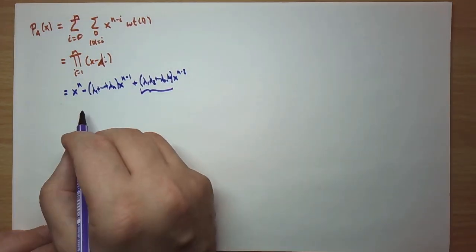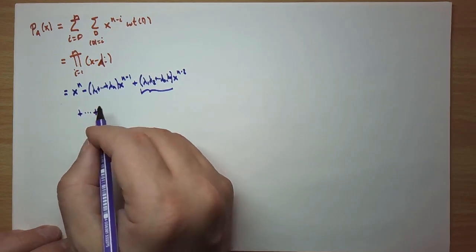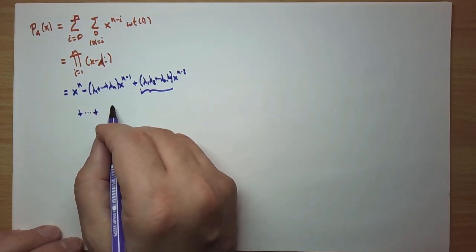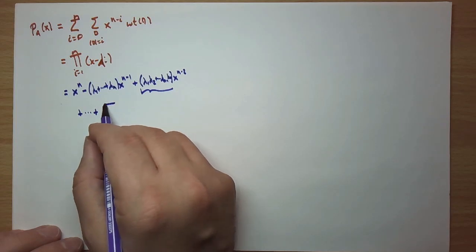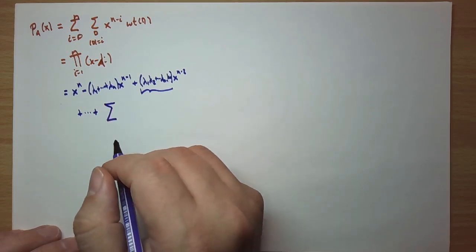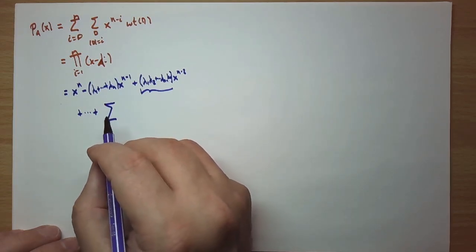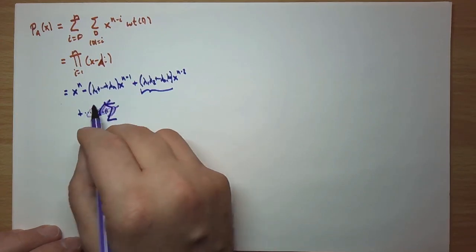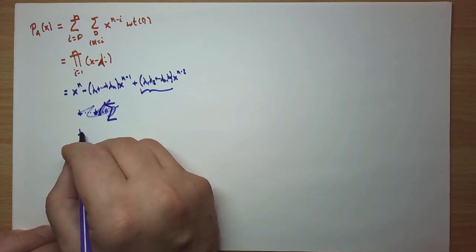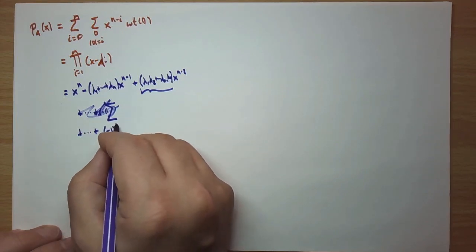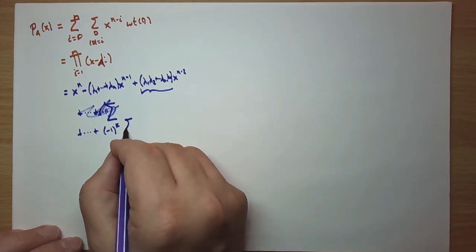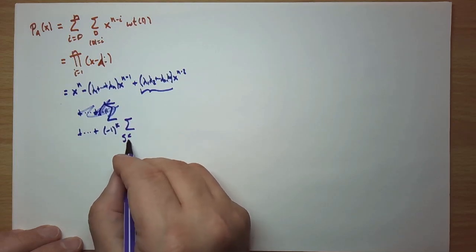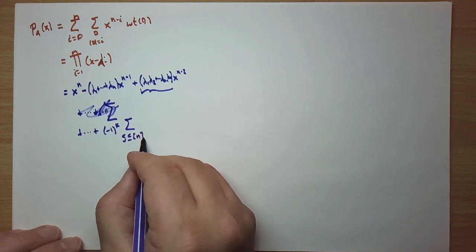In fact, plus dot dot dot plus, we'll have our sum, with a minus 1 to the k, over all subsets of 1 through n.